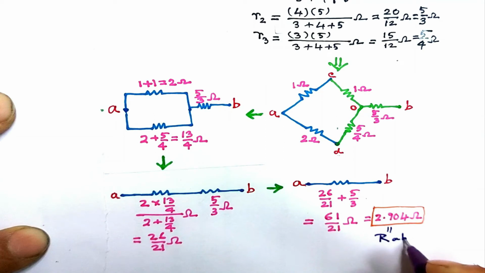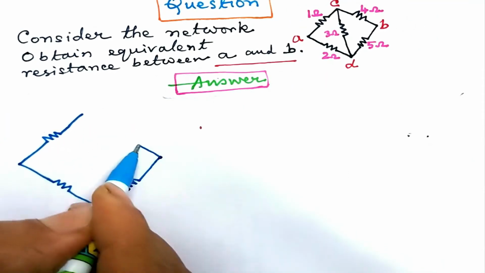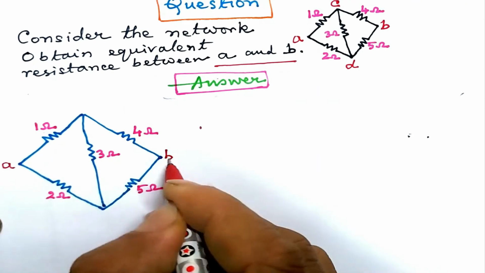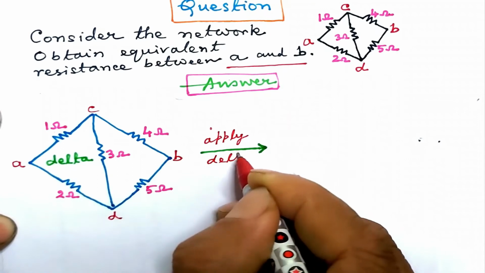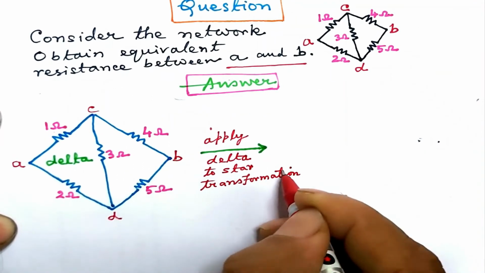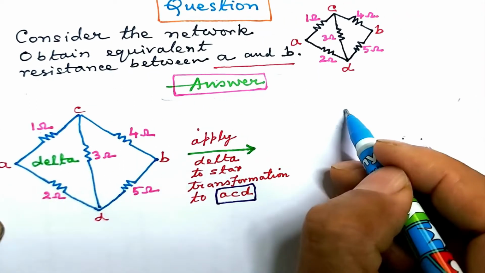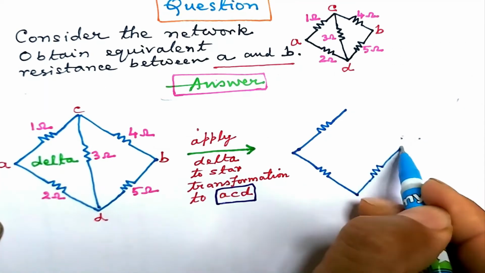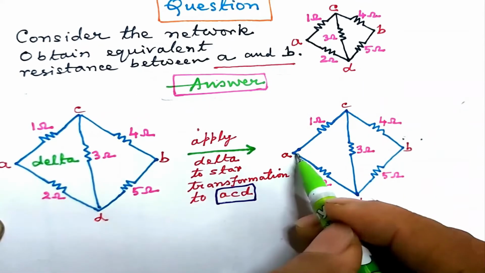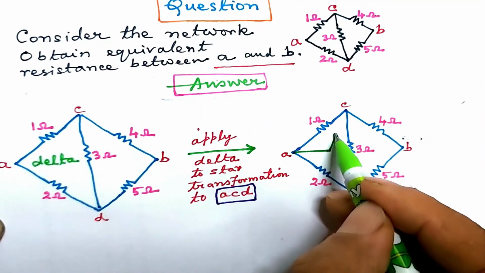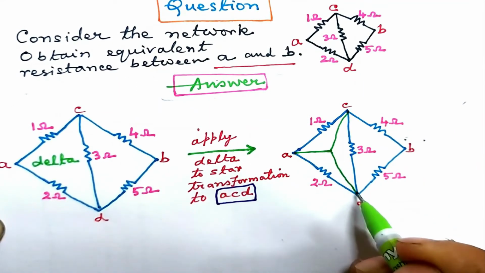Let us check it, rederive it. Now apply the delta to star transformation to the other delta network that we find in the loop ACD of the given network. Build the star network within the delta ACD.